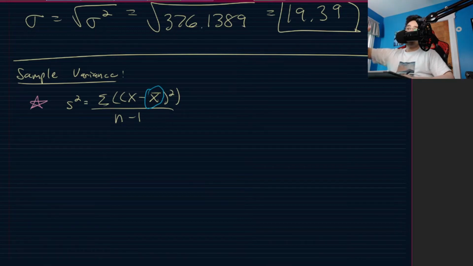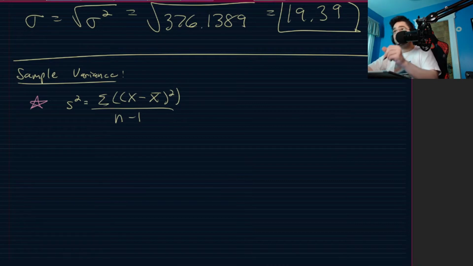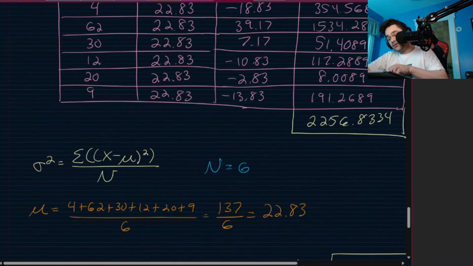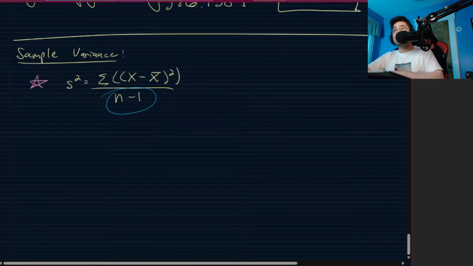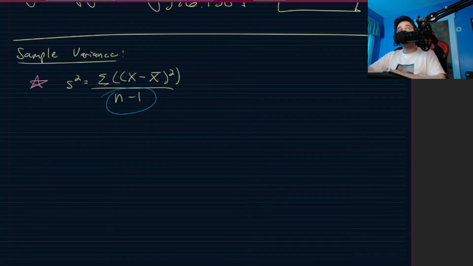It's just what letter you refer to it by according to what domain you're working in, sample or population. So the numerator is the exact same. It's just the names are different. But the denominator is different. It's n minus 1 rather than n. So that does actually change, rather than just the name changing from big N to little n. It's n minus 1, actually.